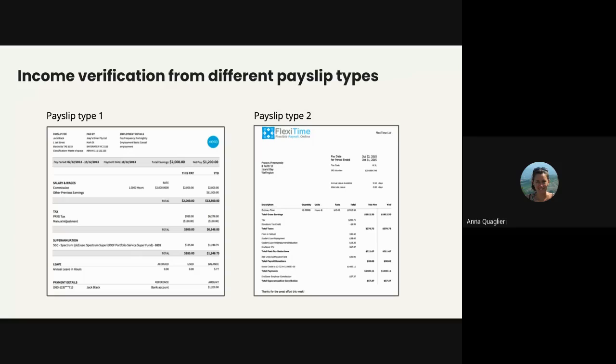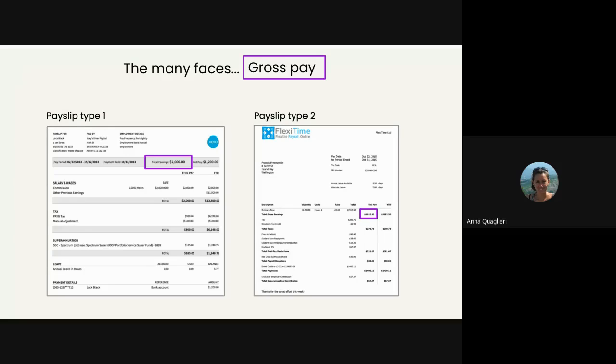Another example could be, say that you work in a financial institution and you need to provide customers with loans or mortgages, and a customer applies. Before you can do that, you need to prove their income. And you can find all the information regarding income on the payslips. Here I'm showing you two payslip types, which the customer will maybe submit by email or as a scan. But the information on these documents, even though they are both payslips, is different.